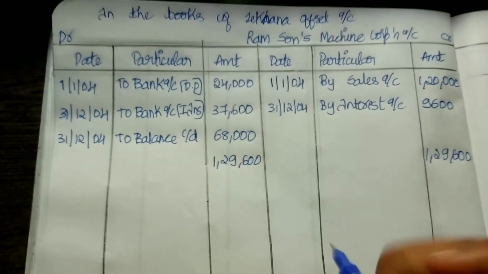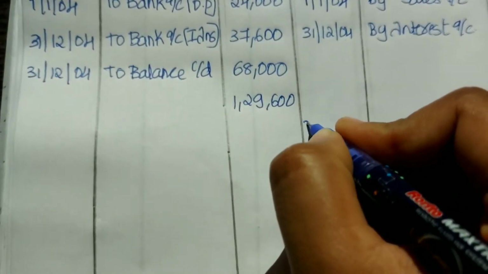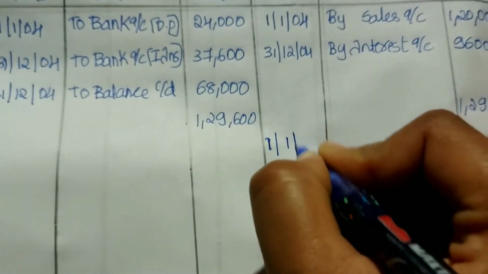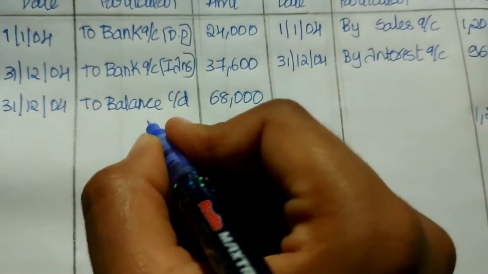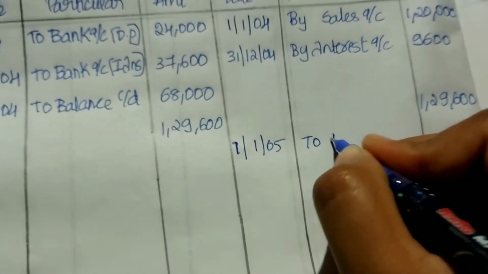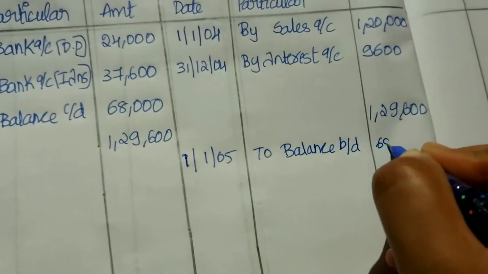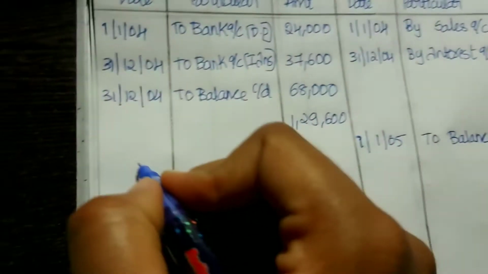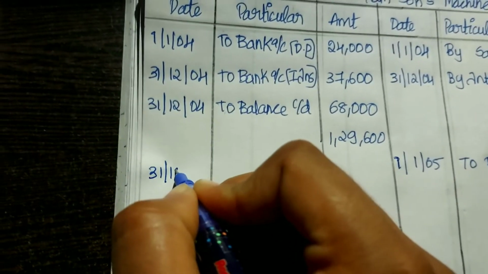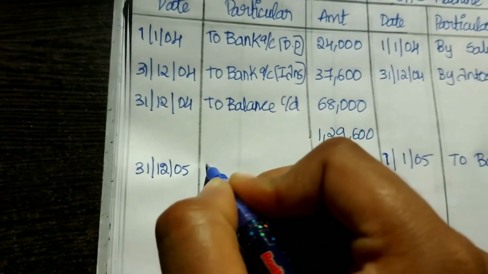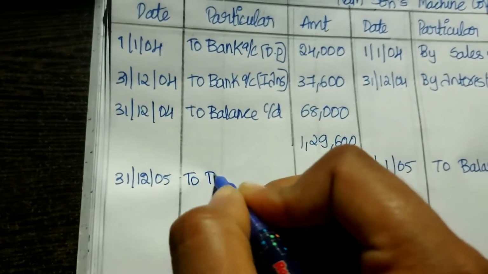Now let's go for the second year. First, at the start of the year, let's bring down the balance of last year to balance brought down, that is 68,000. Now at the ending of the year we paid the second installment, to bank account.